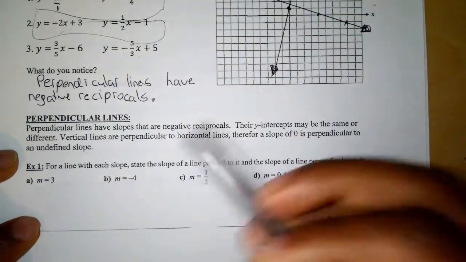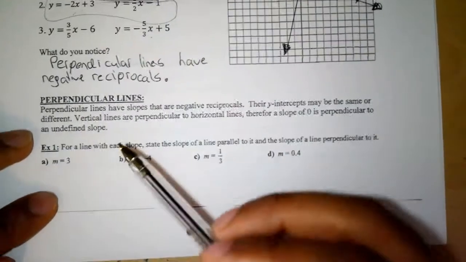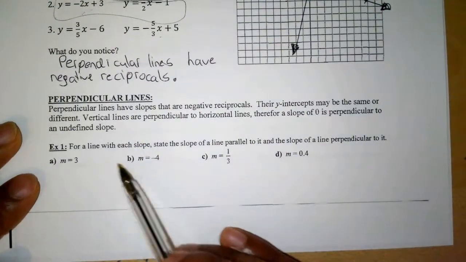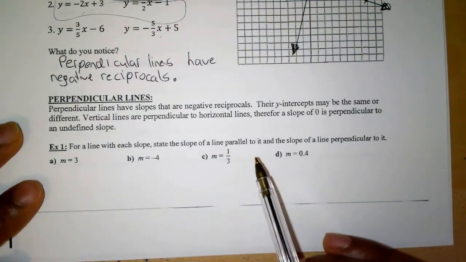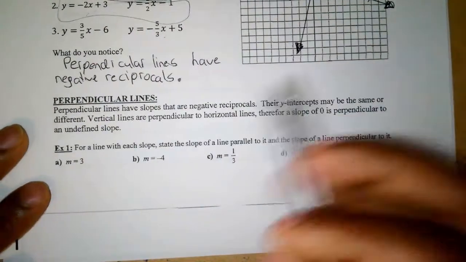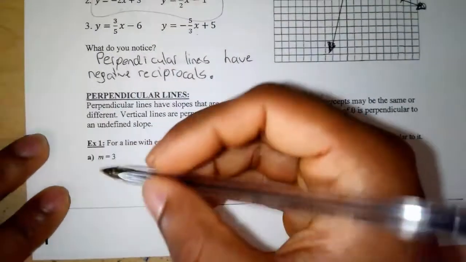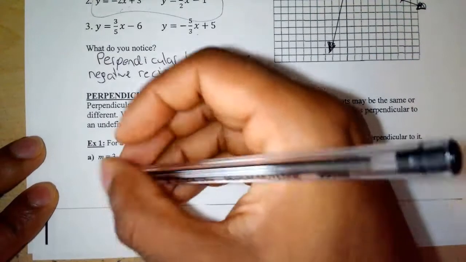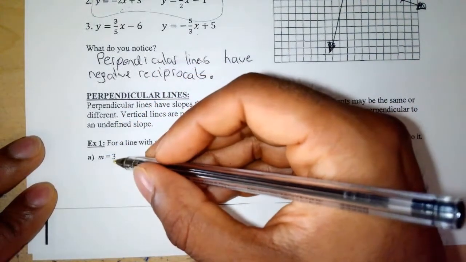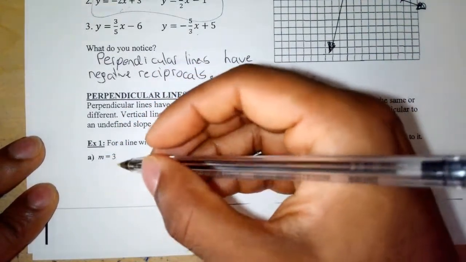Okay, so we'll practice this a few times. For a line with each slope, state the slope of a line parallel to it and the slope of a line perpendicular to it. So now all they're telling us is slope. We need to tell what slope a parallel line would have, and what slope a perpendicular line would have.